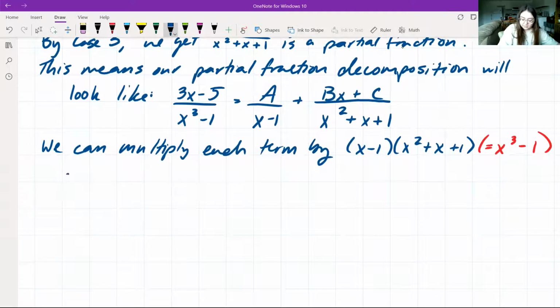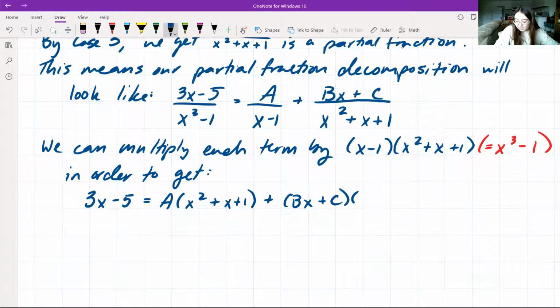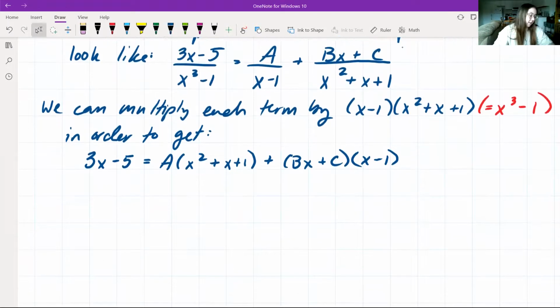In order to get 3x minus 5 is equal to A times x squared plus x plus 1 plus Bx plus C times x minus 1. So we want to expand this as much as possible.